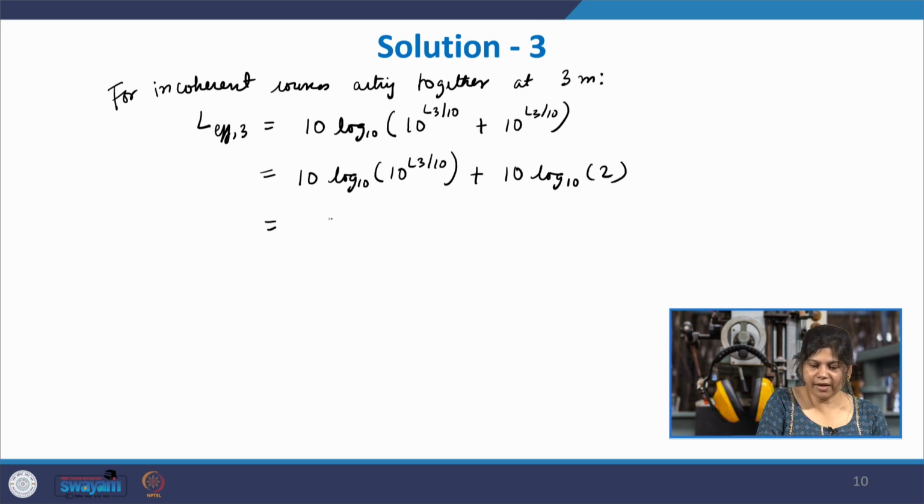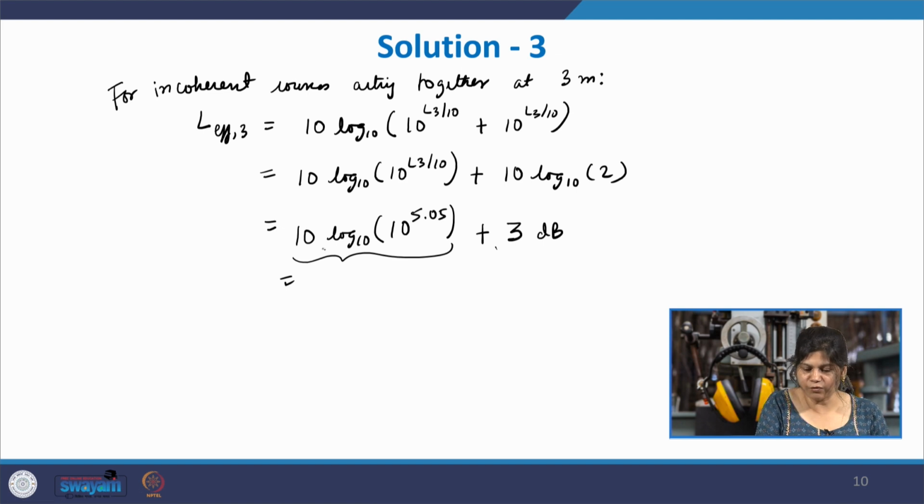And here L3 is 3 decibels, which we have calculated before, and the 10 log 10 gets cancelled out, and so on.